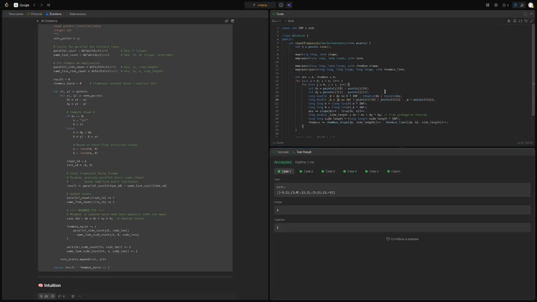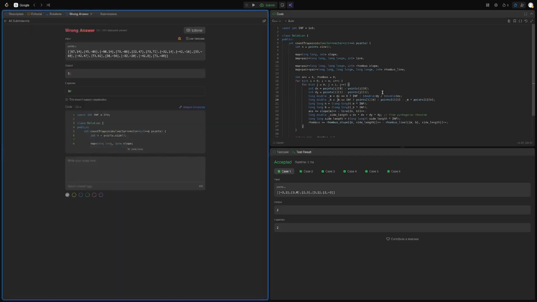Okay, so that was just rounding issues. Now it might pass. No, it still doesn't. That's awesome.